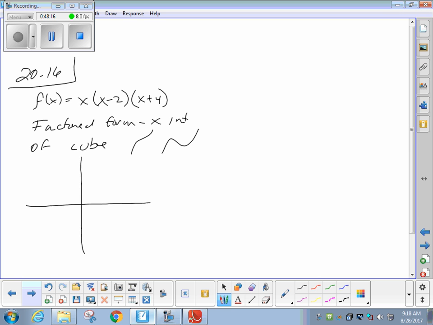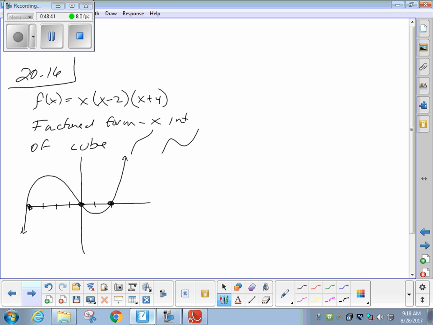So I did a 2-dimensional graph. You could have done a sign chart, but I know the zeros, or what are the zeros? You tell me, what are the zeros? 2, -4, and 0. Now, attaching the appropriate shape to those zeros, the graph would look something like that.